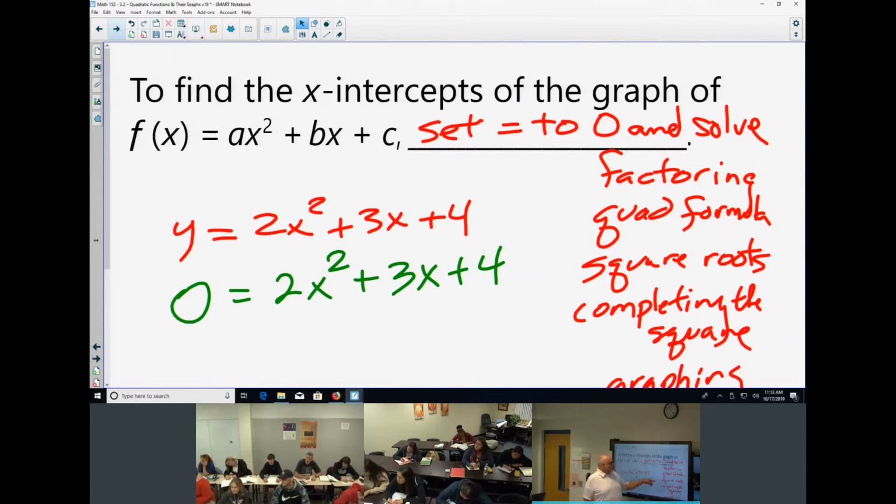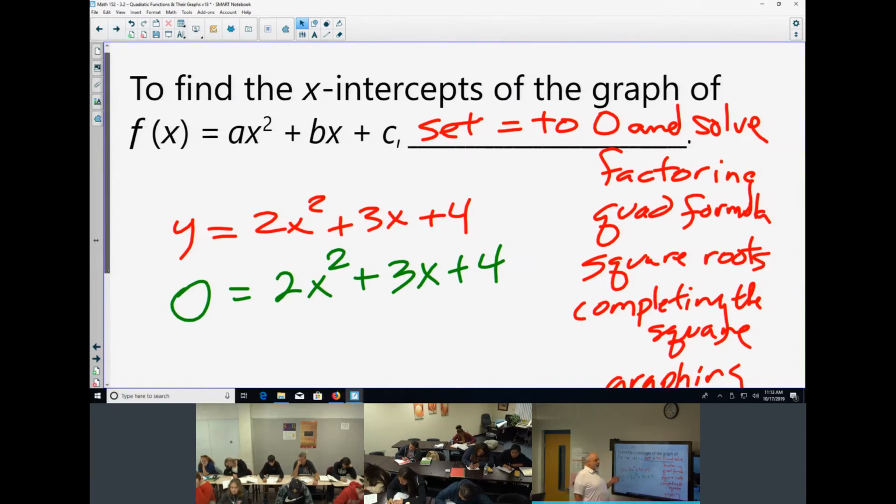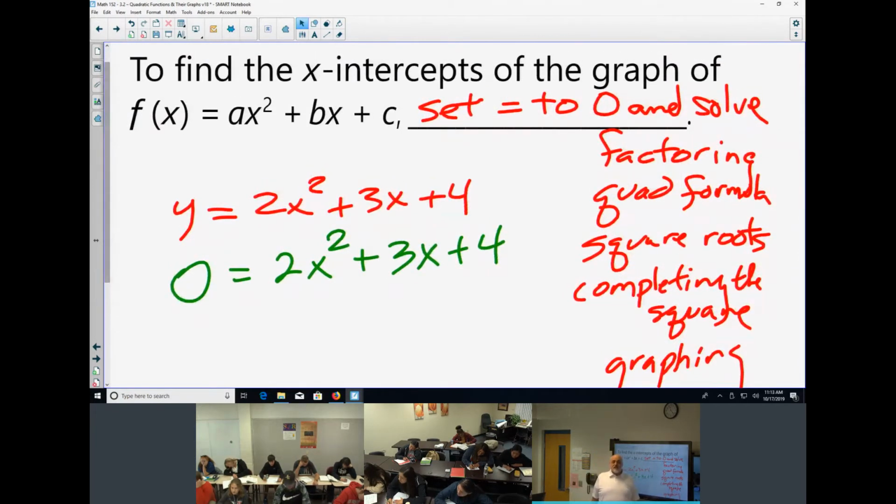All of these are just the ways that we've already learned to solve a quadratic, so you can pick whichever way you think is easiest: factoring, the quadratic formula, square roots, completing the square, graphing, whatever you want. So if I'm trying to find the x-intercepts for y equals 2x squared plus 3x plus 4, I set it equal to 0 and solve.